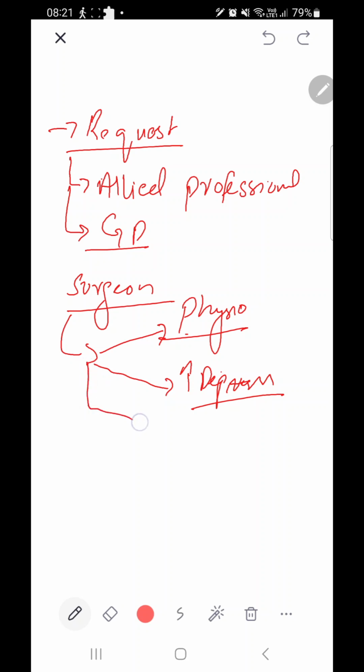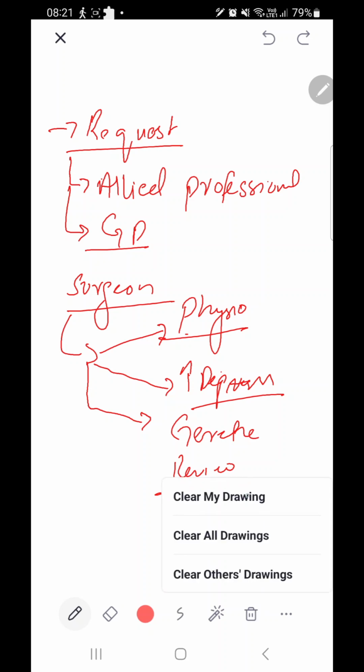Now you are a surgeon, you are writing this letter of request maybe for a geriatric review as the patient is elderly and he needs some assistance. So this is the concept of your request letter when we are writing this letter to the allied professional. It's not the case that only a surgeon will be writing. There is a possibility that the GP can be writing even the request letter.